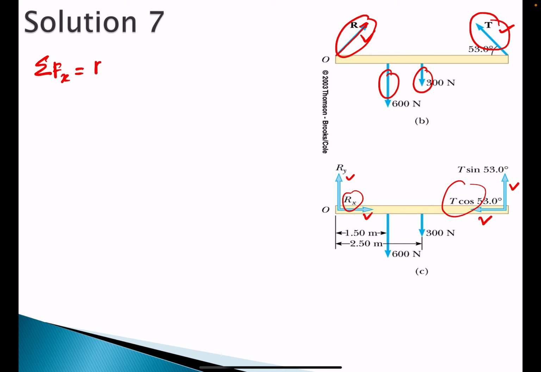So the Rx, and then we minus the T cos 53 degrees. Okay, so you will get 0.